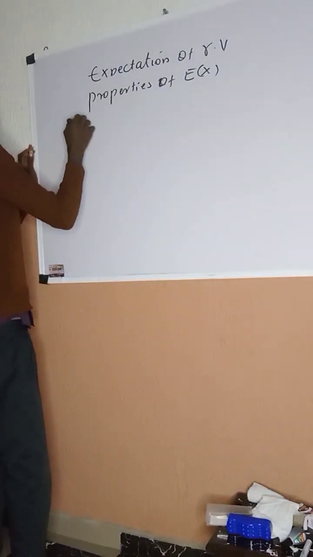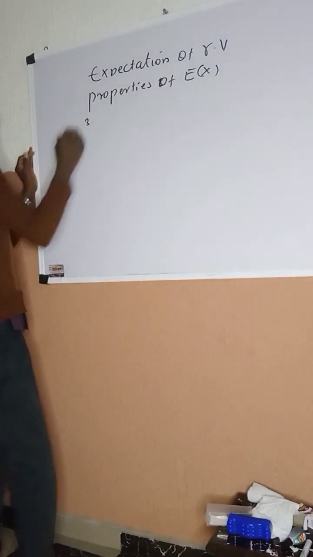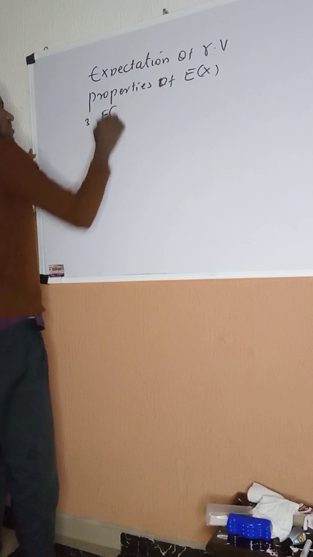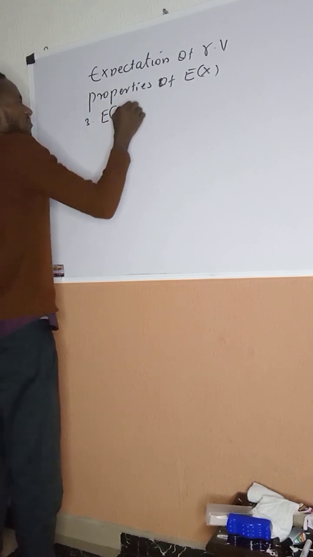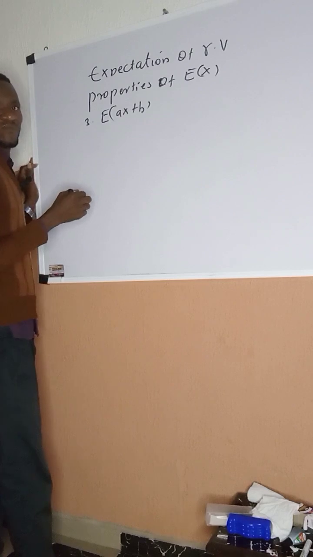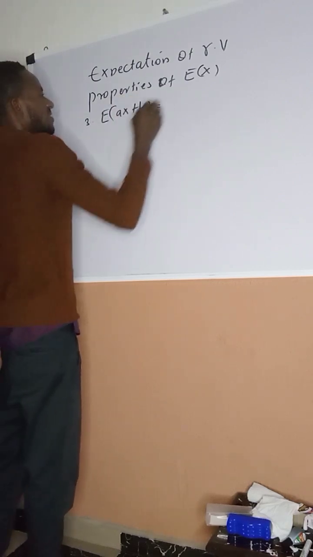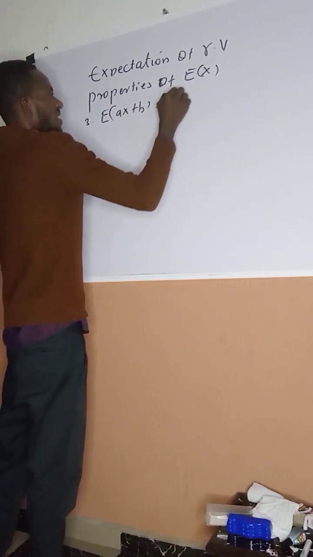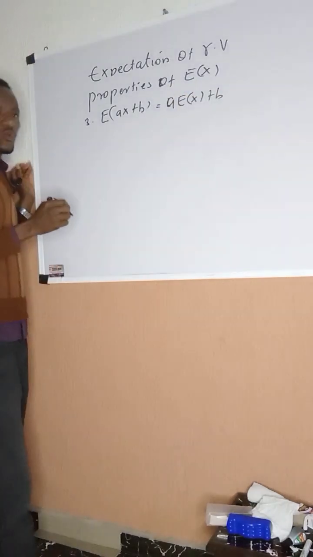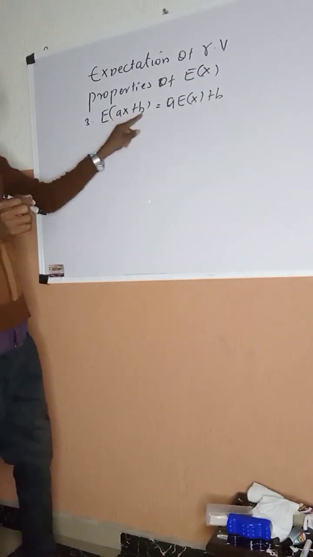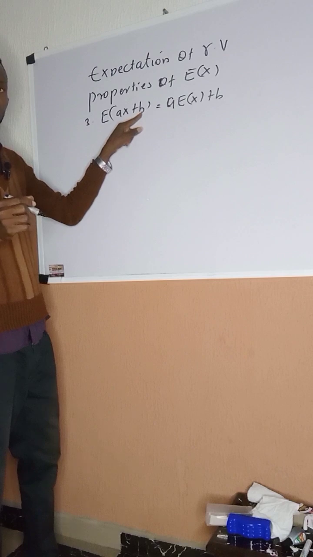Okay, property number 3 says the expected value of a X plus b is given as a E of X plus b, on the condition that a and b are constants.